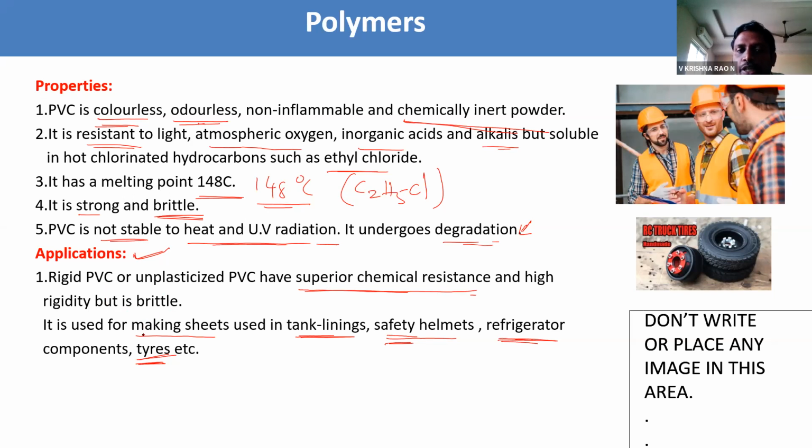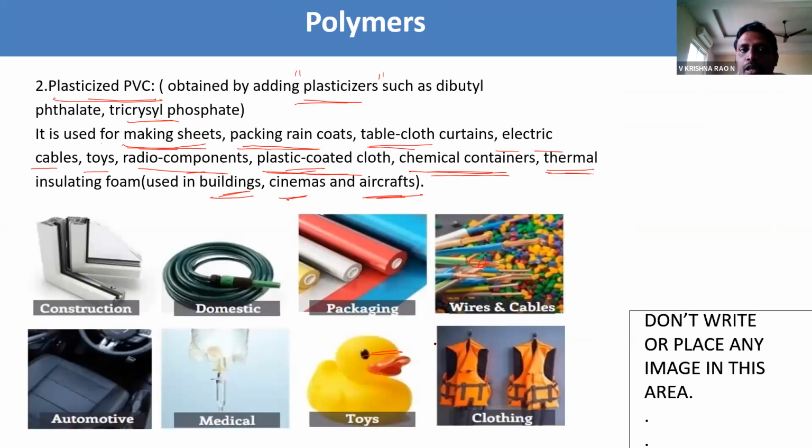They are used for making sheets, tank linings, safety helmets, refrigerator components, tires, etc. Plasticized PVC is used in making sheets, packing raincoats, cables, plastic coated cloth, chemical containers, and thermal insulating foam used in buildings, cinemas, and aircraft. These are the applications of unplasticized and plasticized PVCs.